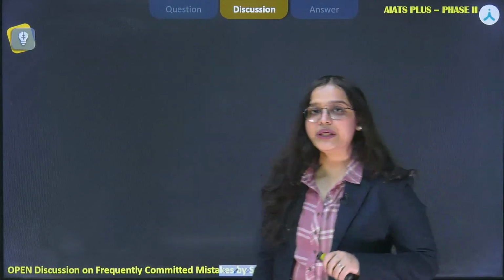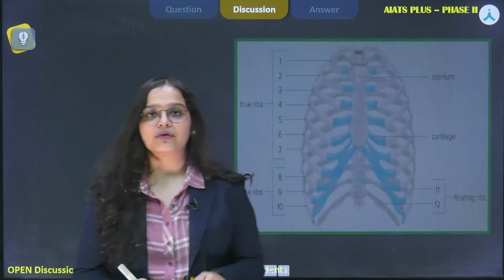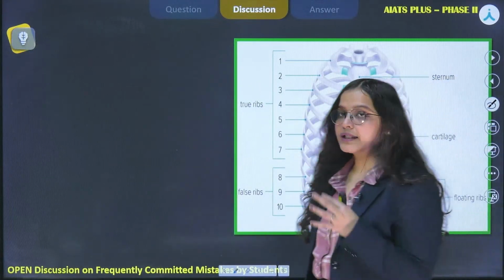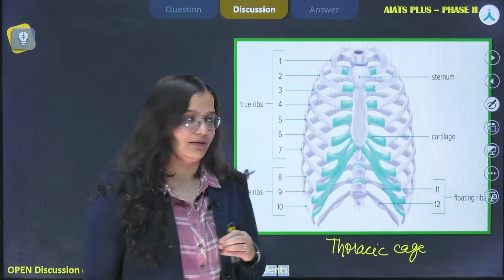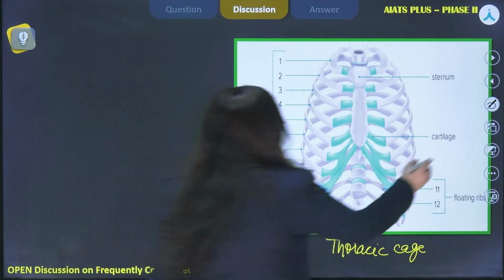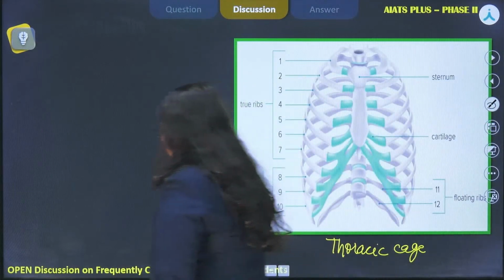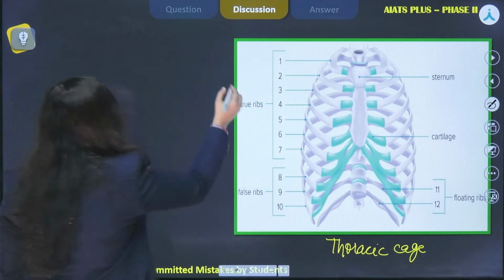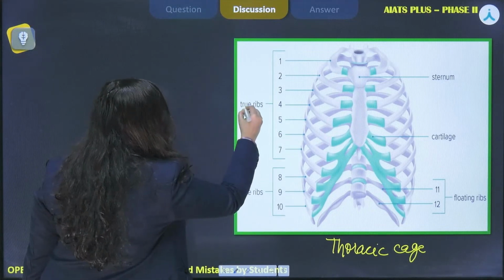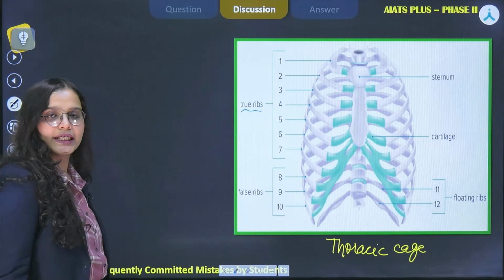Now, how they are attached to form our thoracic cage is the basis on which they are given different names. There are three types of ribs, and the first one is the true rib, as you can see on your screen in the diagram.